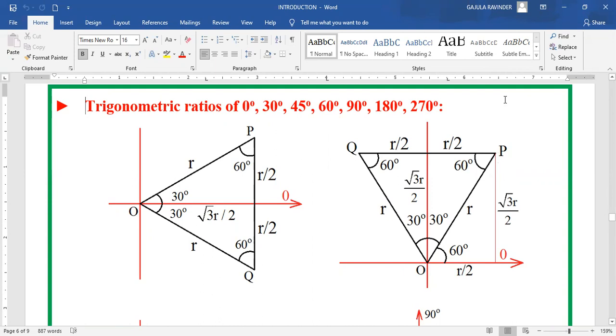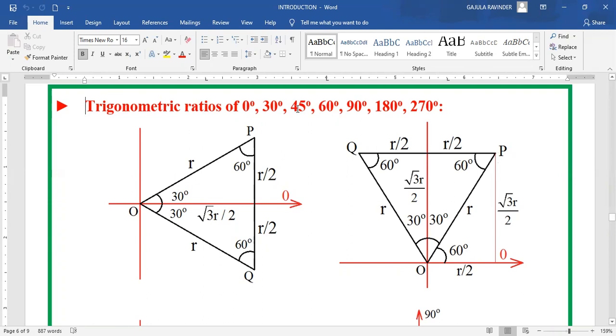Dear friends, here acute angles are 30 degrees, 45 degrees, 60 degrees, which are less than 90 degrees but more than 0 degrees.